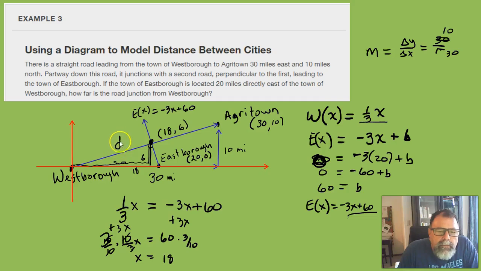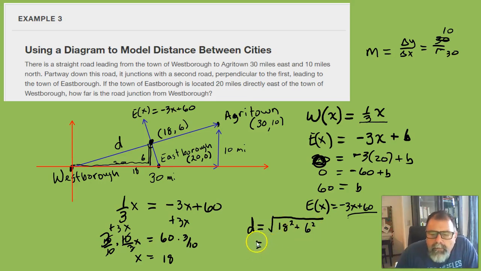So this distance to the junction is going to be the square root of 18 squared plus 6 squared, which, just punch this in your calculator, will be about 18.974 miles.